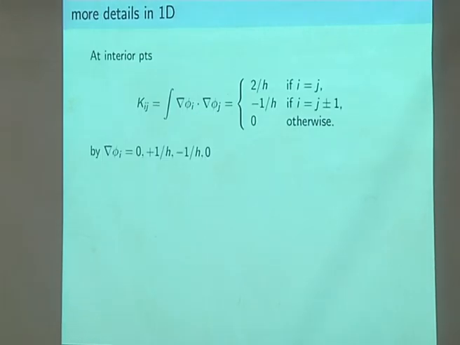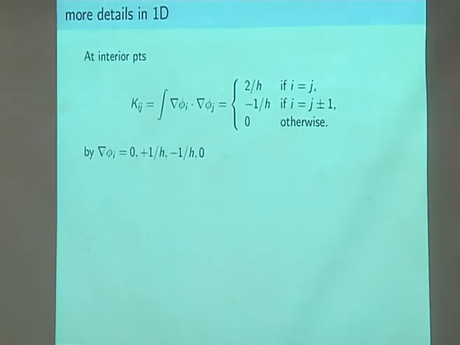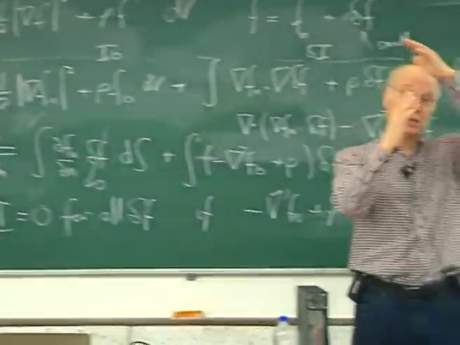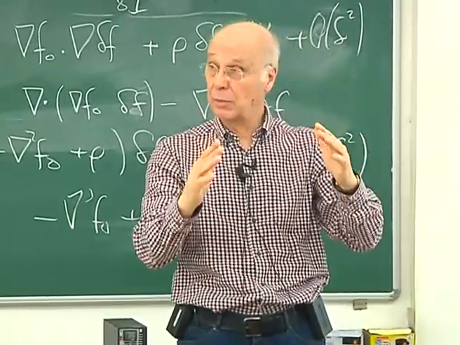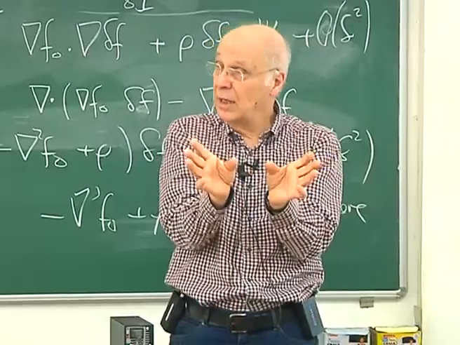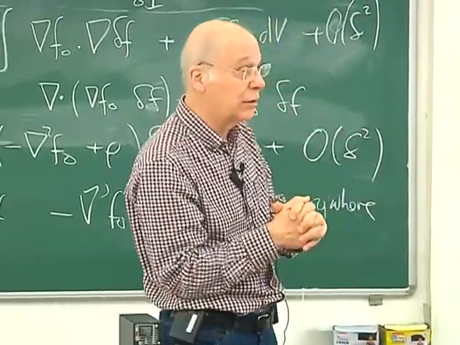So the stiffness function, if i is equal to j, is the same function, with both a positive up and a negative down. That's going to be 1 upon h squared plus, although it's minus 1 upon h, it's squared, so it's 1 upon h squared. Then we're integrating, so we multiply by the width of the interval in each case, which is h. So we get 2 upon h.